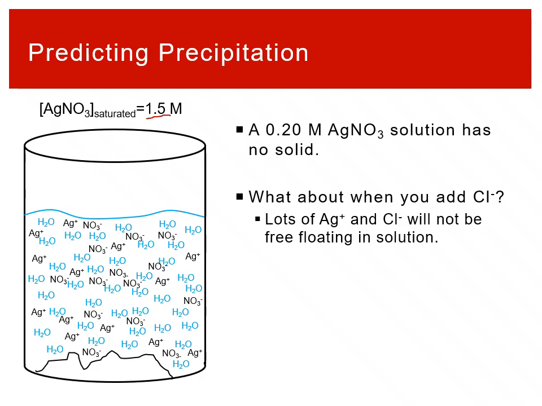But then I can mix something in with it that one of these might form a solid with. For example, chloride. I know that silver and chloride, we saw previously, has a low solubility limit, has a low KSP, so it doesn't tend to dissolve much. So if I put chlorides in the solution, I'm now going to have silver and chloride in the same solution. That's not something we're expected to find. So we might form a precipitate.